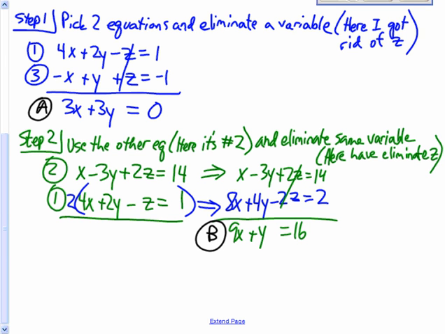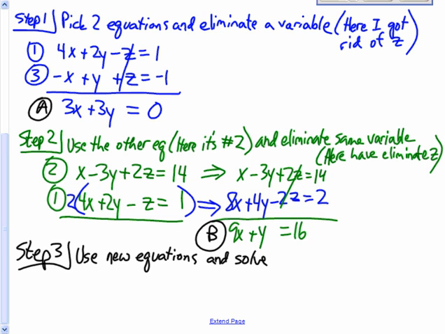Planes 2 and 1 intersect at line B, that 9x plus y equals 16. Now I'm going to find the intersection of line A and line B. If those two intersect at a point, I'll have that exact x, y point where they intersect. So step 3, I use those new equations and solve.